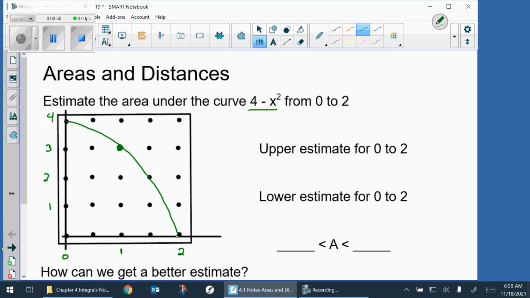All right, now let's estimate the area under the curve. Well, let's be kind of lazy and make one rectangle, and estimate the area under this curve. Now, the highest part of this curve is over on the left-hand edge.